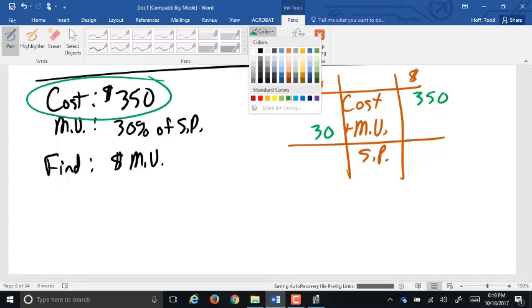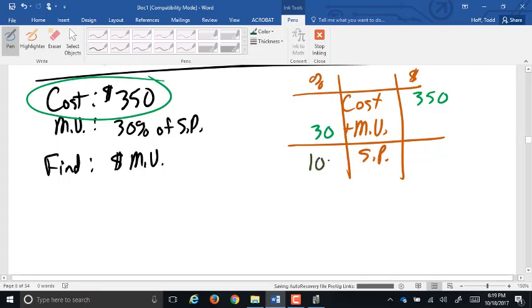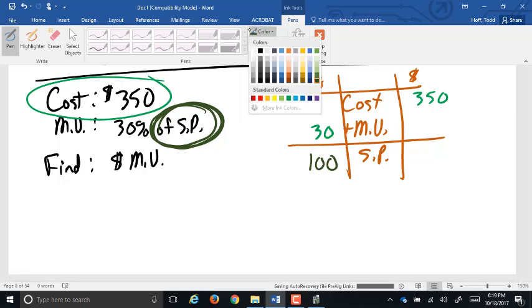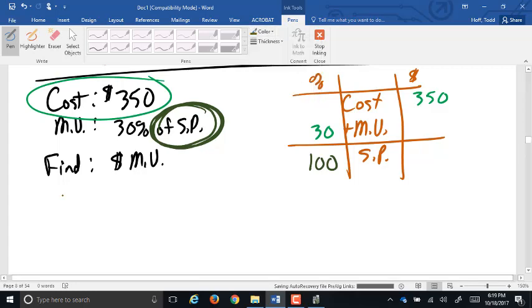Markup percent. The 100. Why did I put it there? It's now 30% on selling price. What that is saying, this is now cost based on selling price, or markup based on selling price. I kind of set you up there.